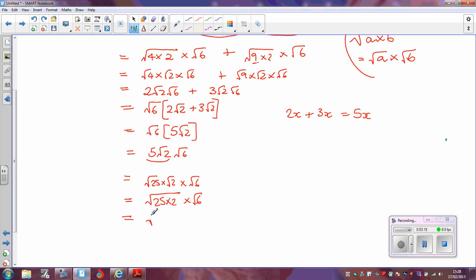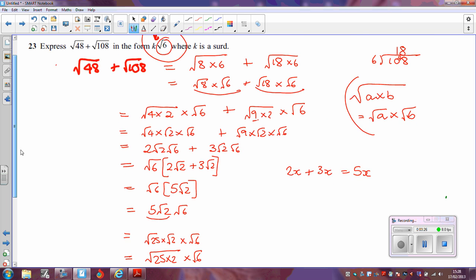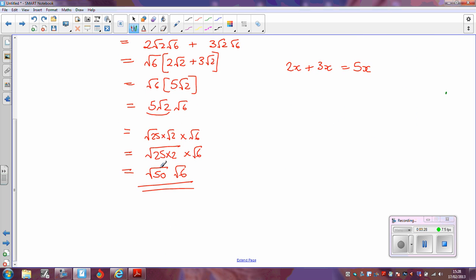This is then the same as root 50 root 6, and I've succeeded. There's my final expression. I've got it in the form k root 6, where k is a surd, so k is actually the square root of 50. That's my final answer.